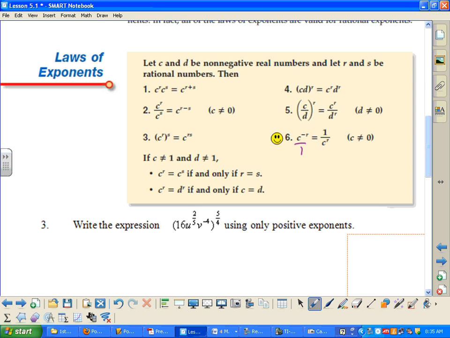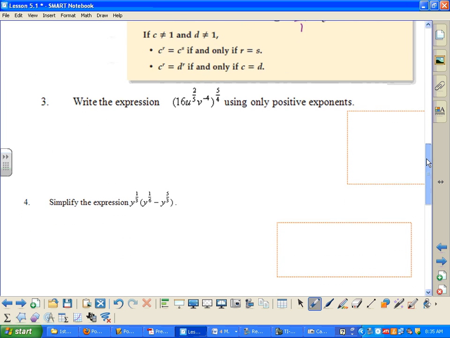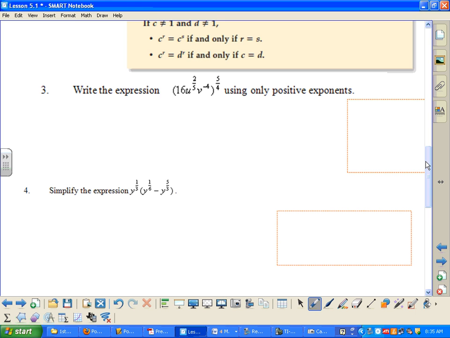All right, so we're going to look at simplifying some expressions. Here we got number 3. They want us to write this using positive exponents. There's quite a little bit here we have to work with, so we're going to pull it all apart.